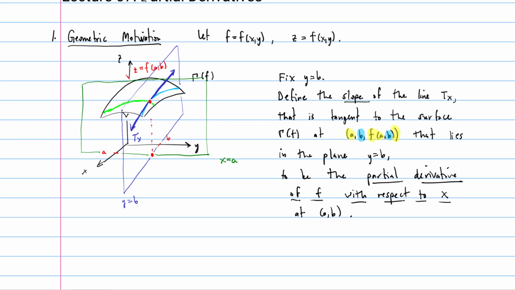The tangent line at this point that lives in this plane will be t sub y. This lives in the plane x equals a, and the slope of this line is the partial derivative with respect to y, the y partial derivative of our function. So the geometric interpretation here is very important.